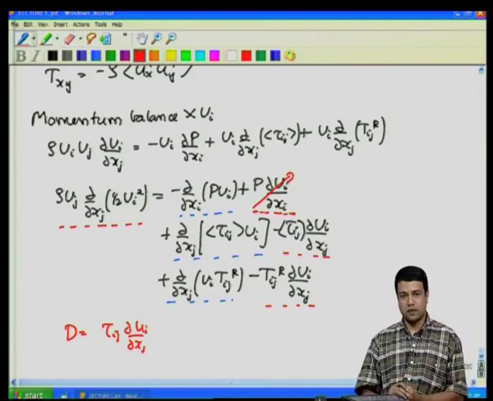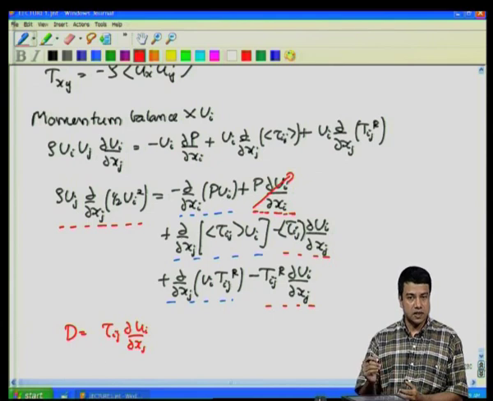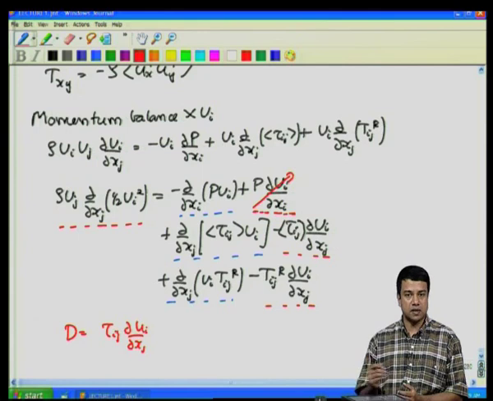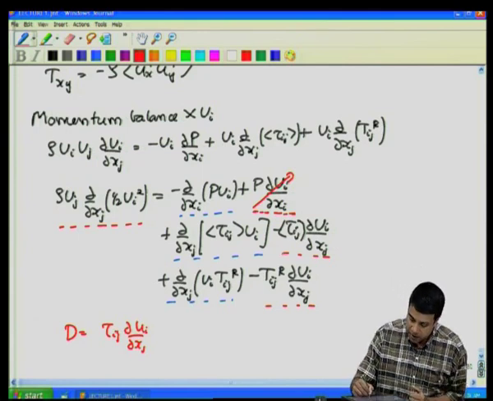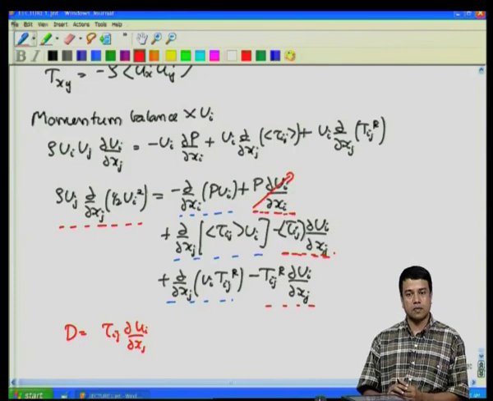That is always positive, so that always removes energy from the system. Therefore, the frictional viscous dissipation is always removing energy from the system. So, this is the average of that, averaged over time: the average shear stress times the average velocity gradient.